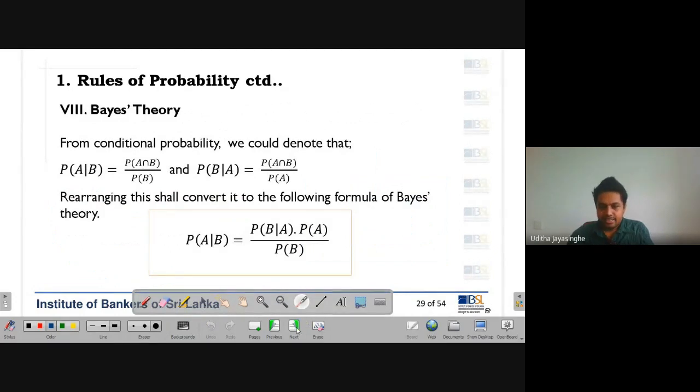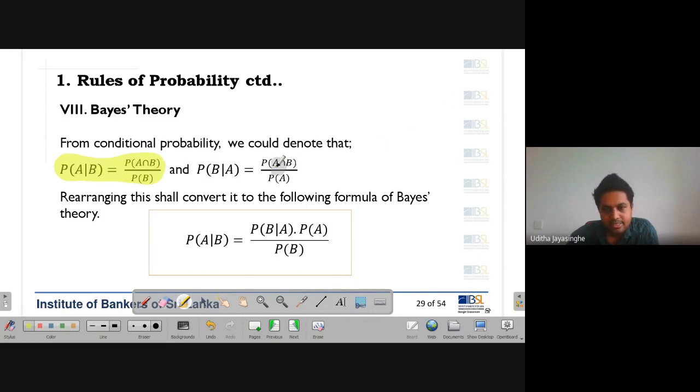Okay, the last theory under probability that we are going to discuss is nothing but an extension of what we have learned so far, that is coming from the conditional probability. If you could recall, we wrote this equation: probability of A given B could be denoted by probability of A intersection B, the commonality, divided by probability of B. Okay.